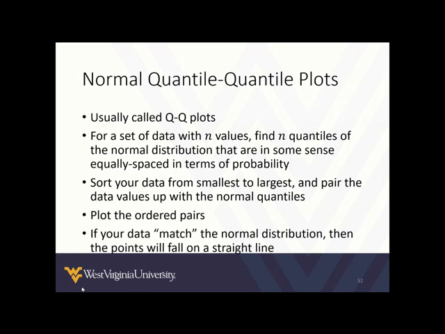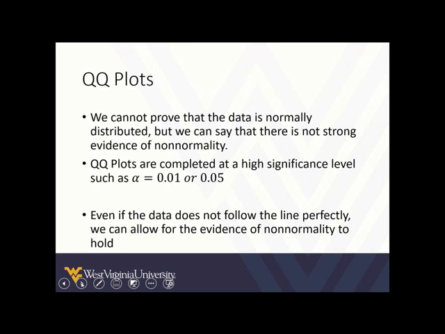And one way we do this is with a QQ plot. And so what it does is, for a set of data with n values, it finds n quantiles of the normal distribution that are in some sense equally spaced in terms of probability. Then we would sort our data from smallest to largest and pair the data values up with the normal quantiles. We then plot the ordered pairs and we see if our data match the normal distribution, meaning our points would fall into a straight line.